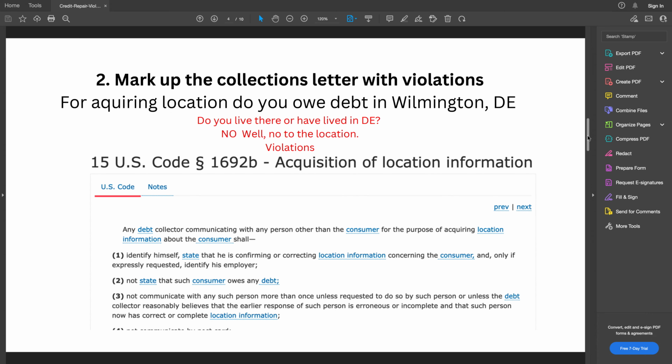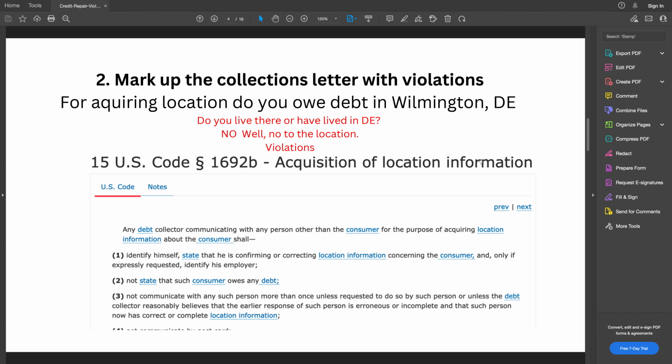Okay, sorry, it wasn't moving. So number 2, mark up the collection letters with the violations. This one was for acquiring location information. Do you owe debt in Wilmington, Delaware? Do you live there, or have you lived in Delaware? No? Well, no to the location, so that's a violation.